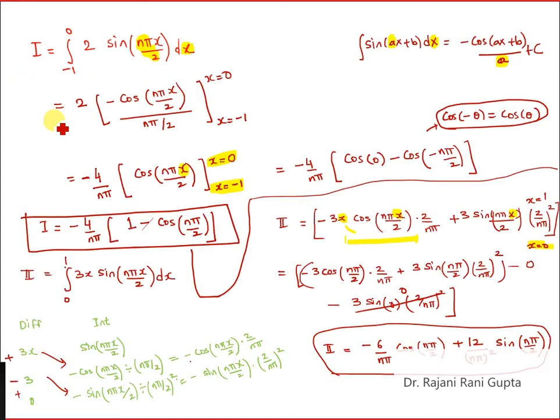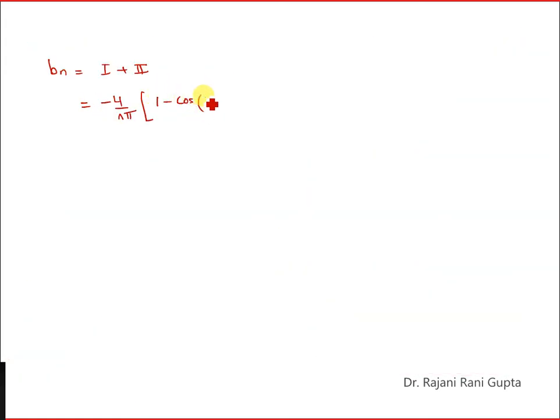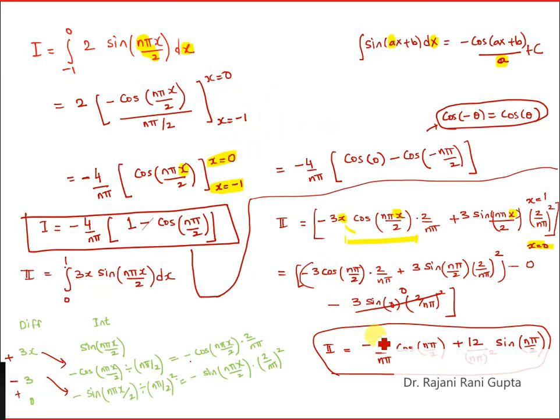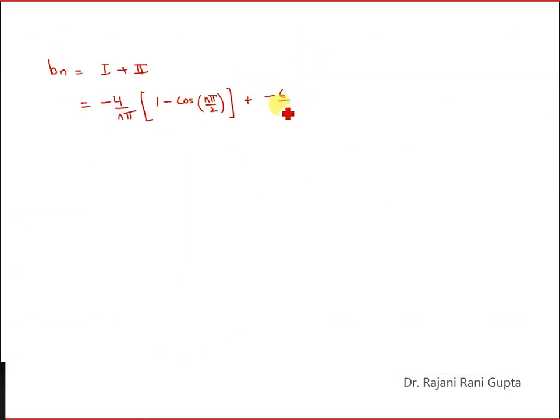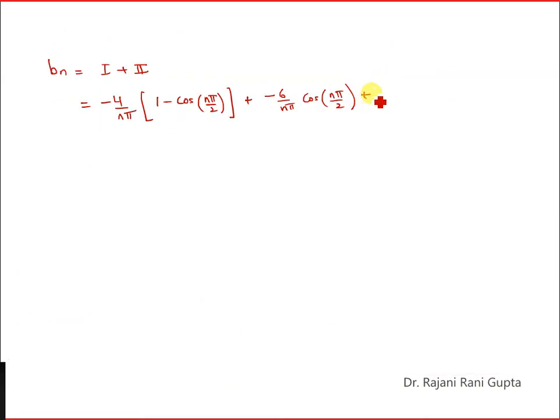So from the previous one it is minus 4 over n pi, 1 minus cos n pi by 2, plus, what is the value here, minus 6 over n pi cos n pi by 2, and what here, 12 over n pi square sine n pi by 2. This is the value for Bn.